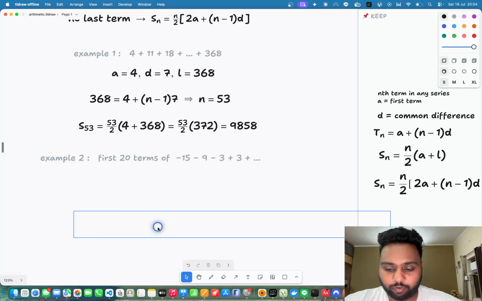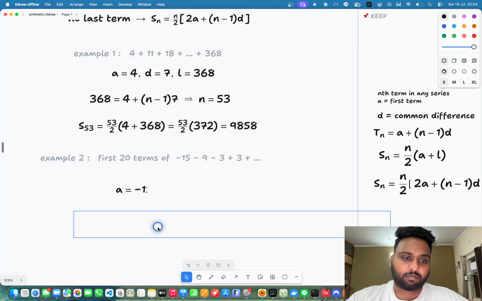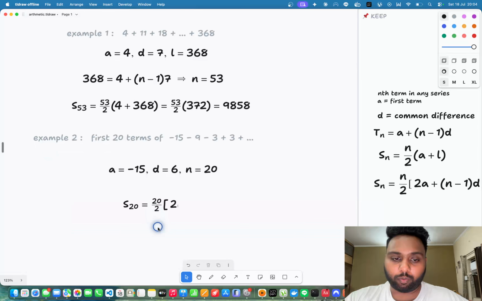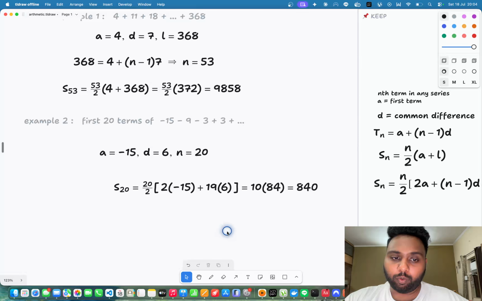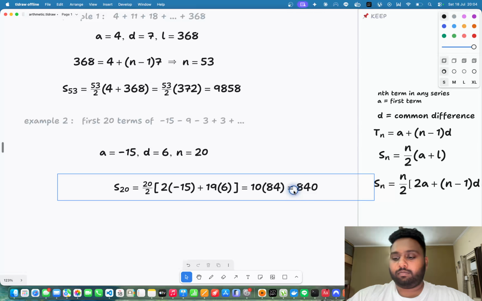Okay, I'm going to reveal this now. A is equal to 15, D is equal to 6, N is equal to 20. S of 20 is going to be 20 by 2, 2a plus this.